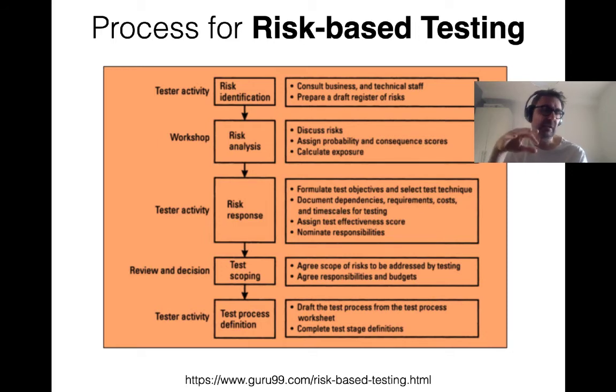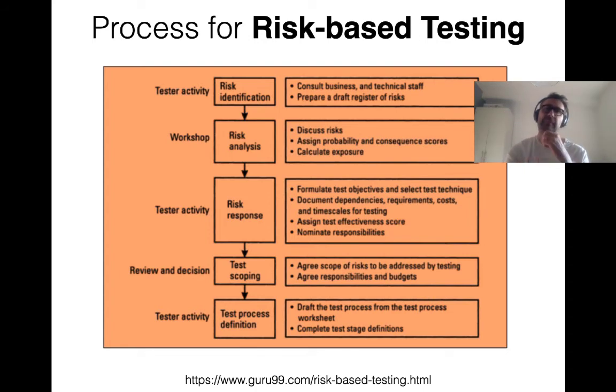Then they have a workshop with risk analysis. Then you discuss these potential problems and you assign a probability. So this is the likelihood and the impact or consequence score, right? So often you do some kind of percentage on each, or you have a rough coarse-grained scale, like low, medium, high on both, and then you multiply them.